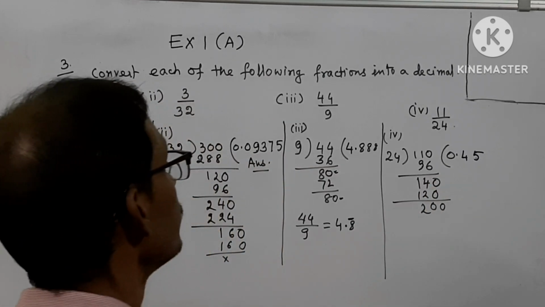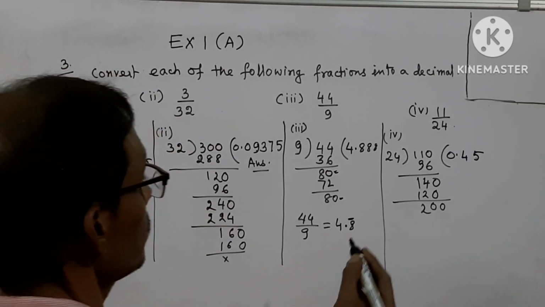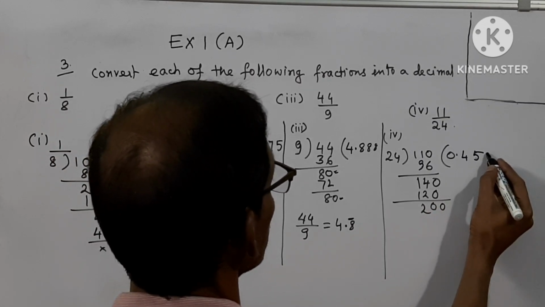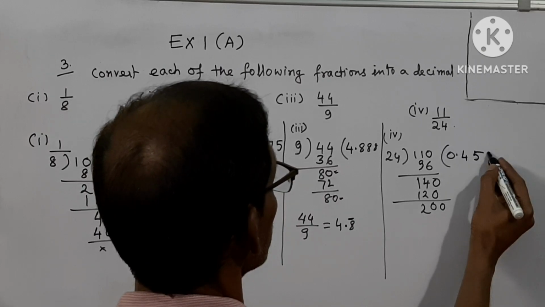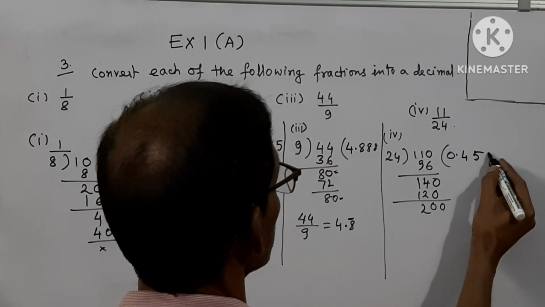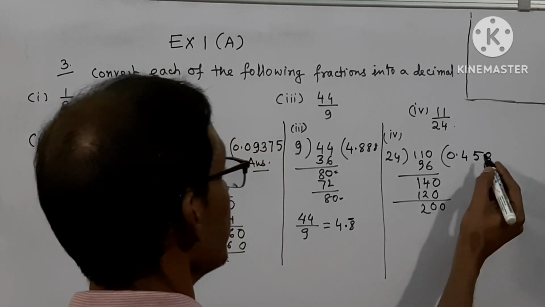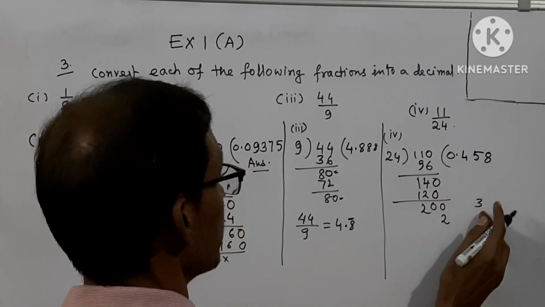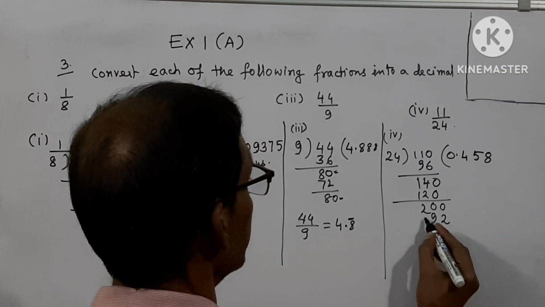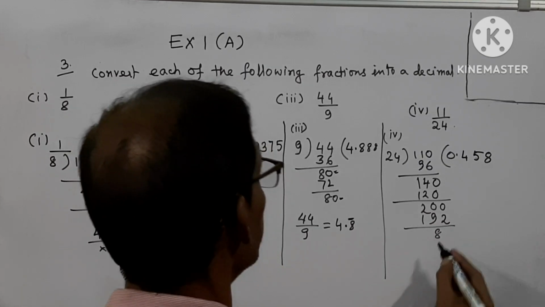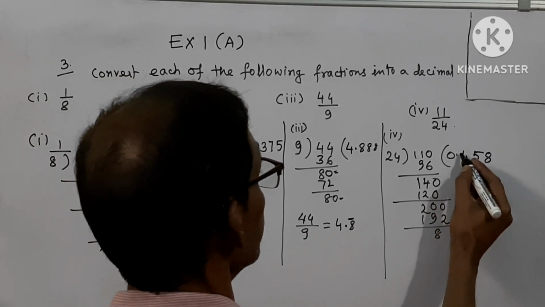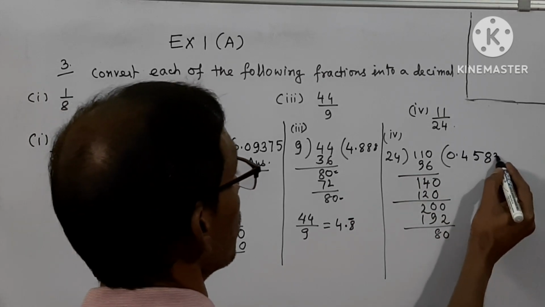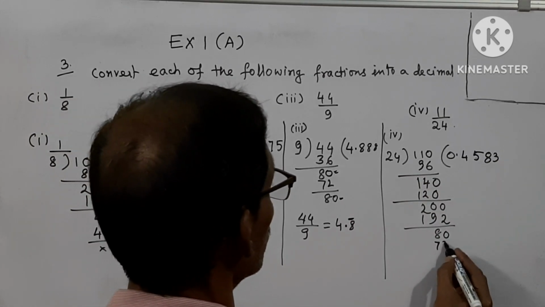Again 0, let's try 8. 8 4s are 32, 8 2s are 16, 16 plus 3, 19. 8. Again put 0. 24 3s are 72.